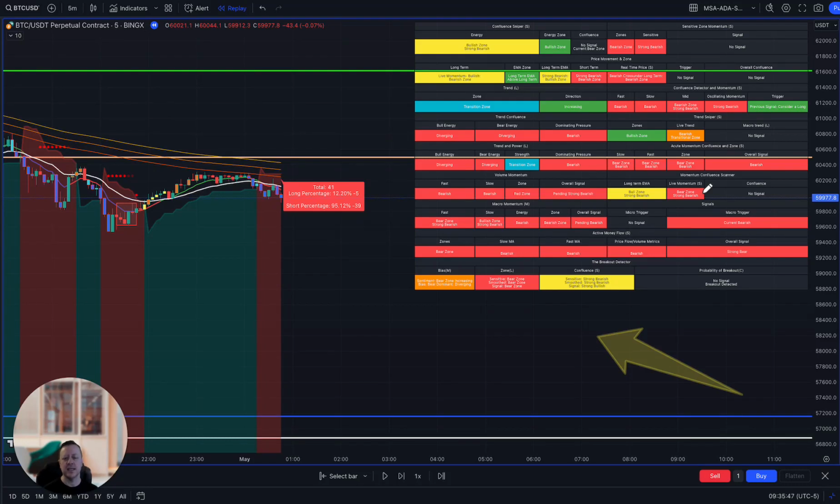Like if I'm looking at something that says consider a long on the 5-minute, but the 24-minute, the 1 hour, the 2 hour, the 4 hour, the 6 hour, the 12 hour, the 1 day, etc., are all bearish in a bearish trend, chances are consider a long in the 5-minute is probably a better opportunity to find a better entry on a short. I know that sounds counterintuitive, but depending on the time frame, you have to be smart about what decisions you make when it comes to triggers.